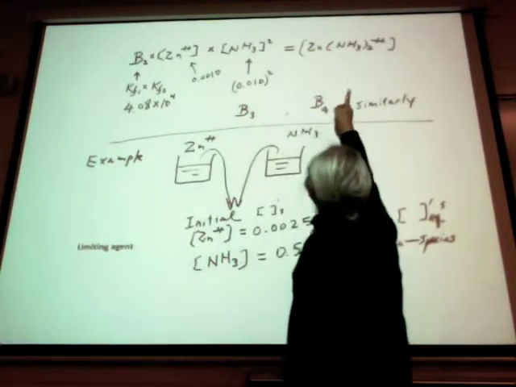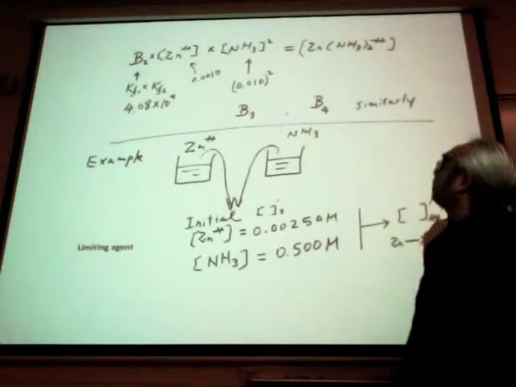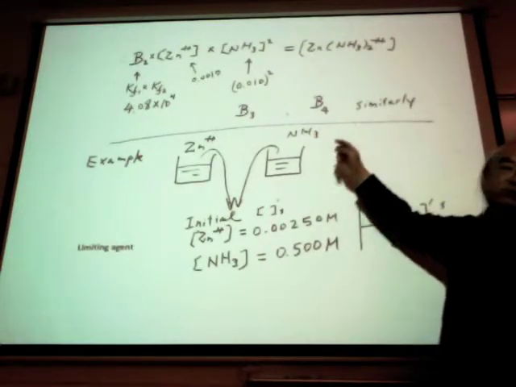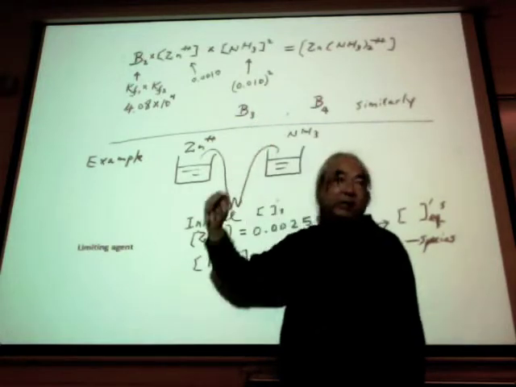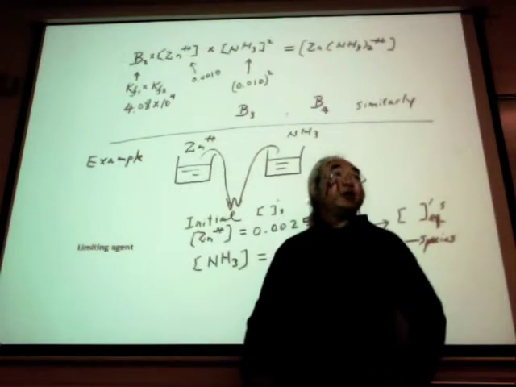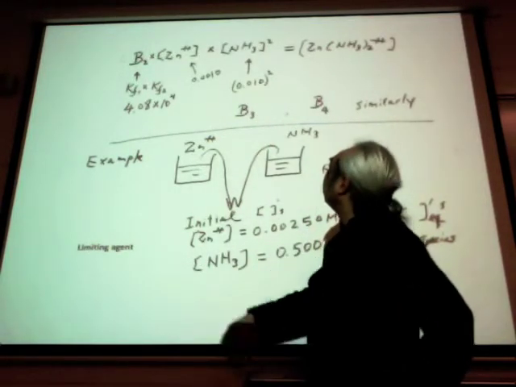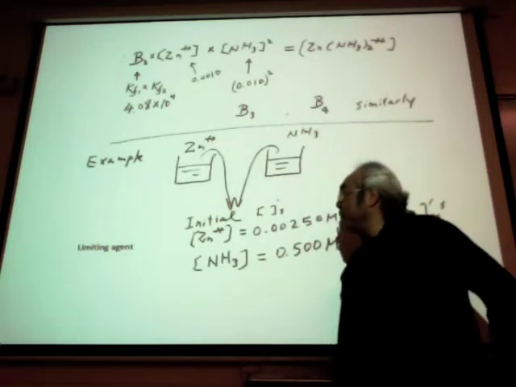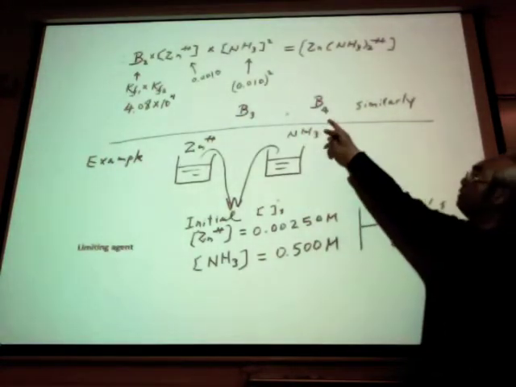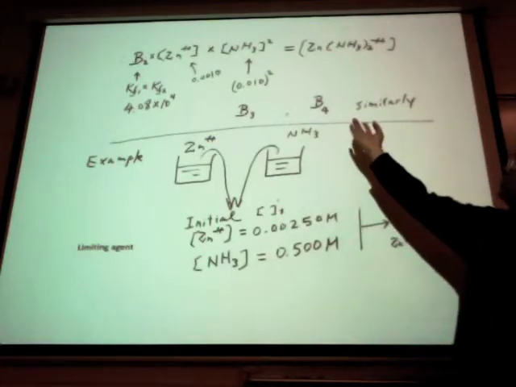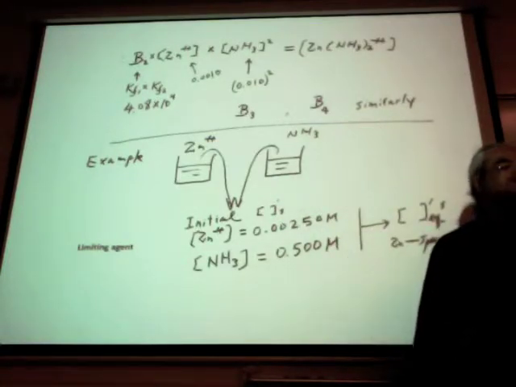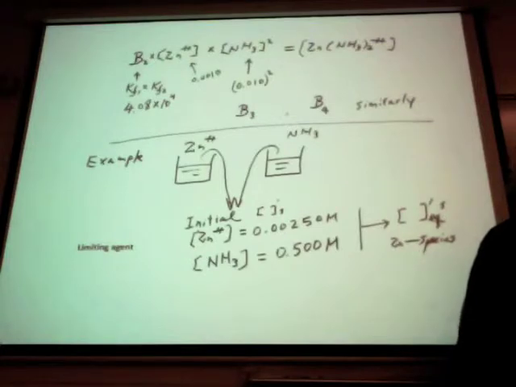So you end up with a concentration. I trust you can do this, right? Similarly for beta 3, the ammonia will be to the power 3. Then beta 4 is the ammonia equilibrium concentration to the power 4.